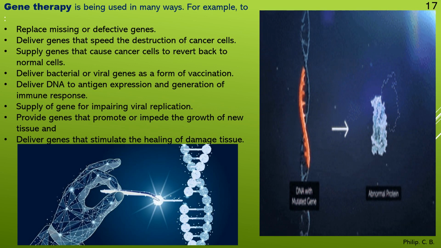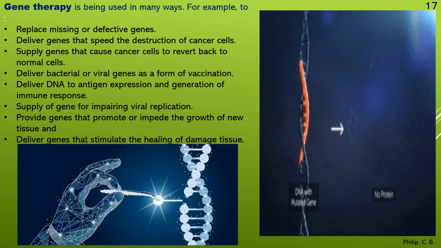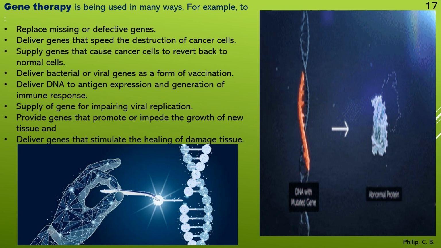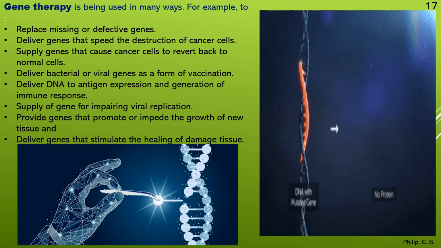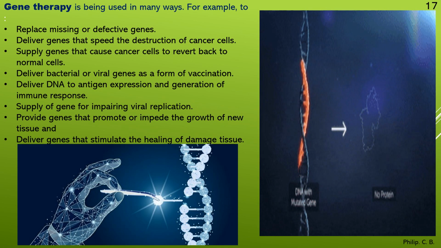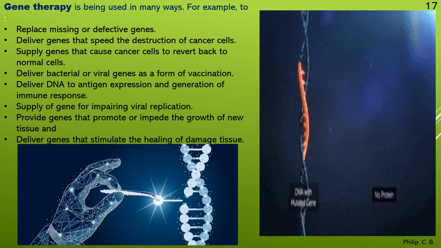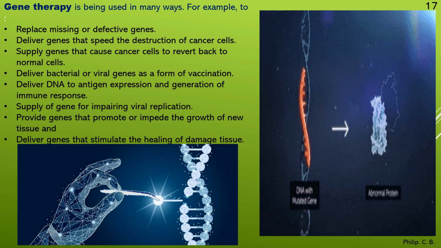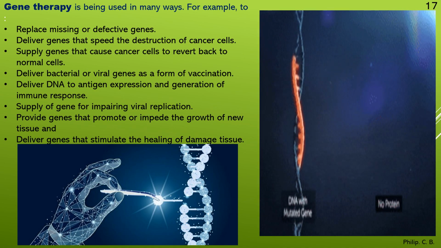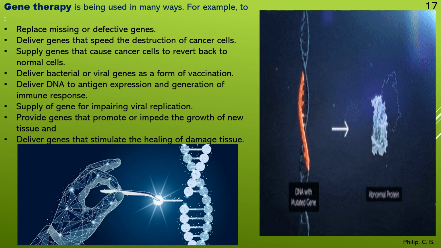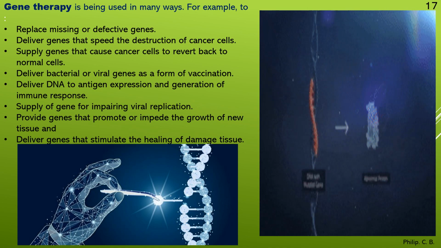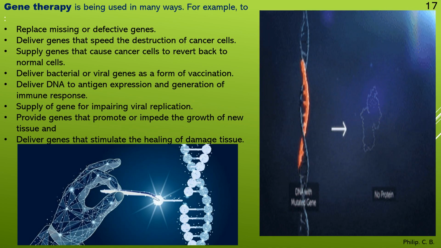So you can see replace missing or defective genes, as you can see in the image, deliver genes that speed the destruction of cancer cells, supply genes that cause cancer cells to revert back to normal cells, deliver bacterial or viral genes as a form of vaccination, as we just learned in the previous slide, deliver DNA for antigen expression and generation of immune response, supply genes for impairing viral replication, means to stop the viral growth or to stop it from multiplying, then provide genes that promote or impede the growth of new tissue, deliver genes that stimulate the healing of damaged tissues.